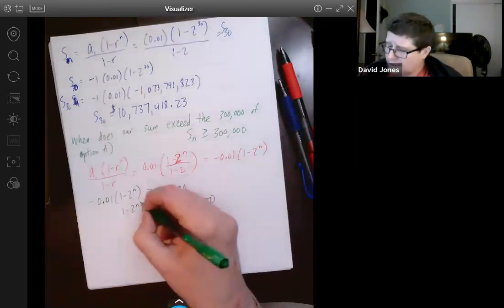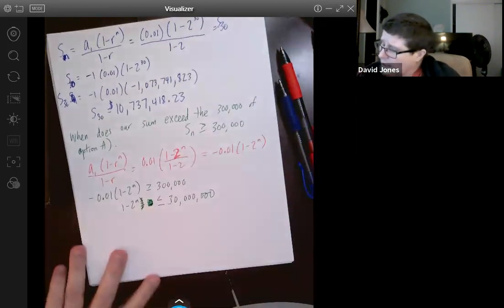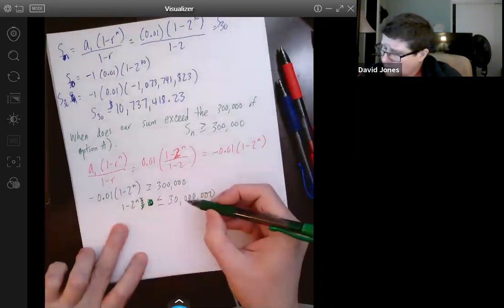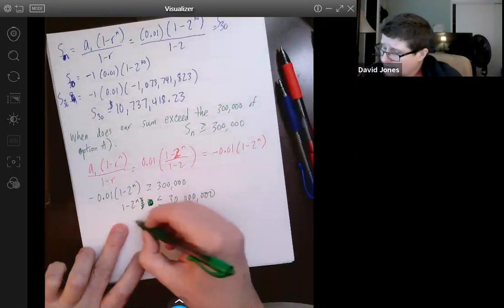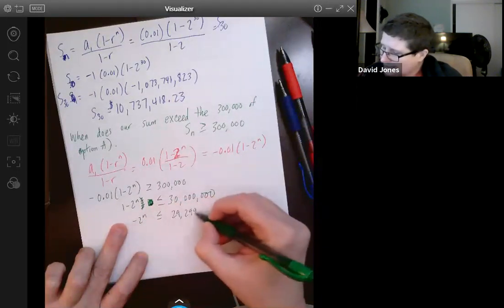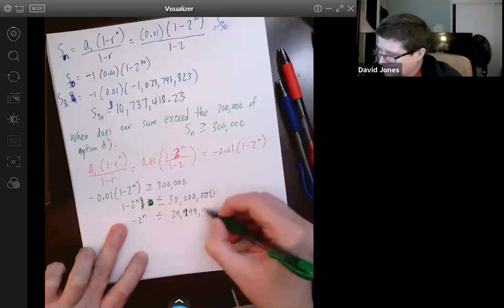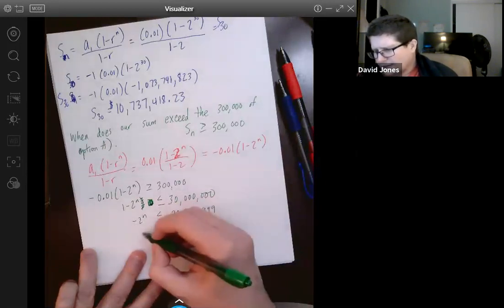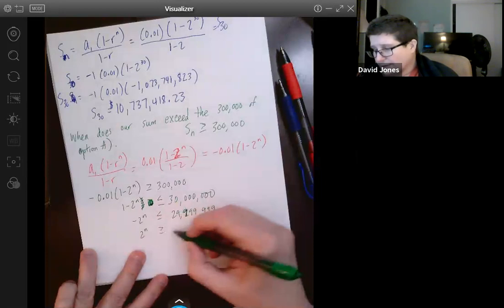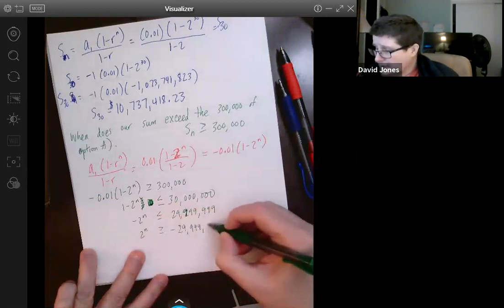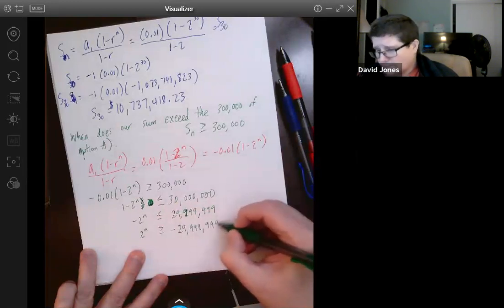I don't need that parentheses anymore. Subtract the 1. So negative 2 to the n is less than or equal to 29,999,999. Let's change the sign. So 2 to the n is greater than or equal to negative 29,999,999.